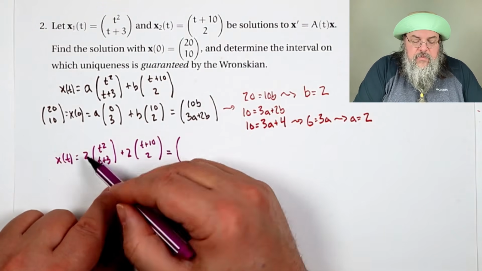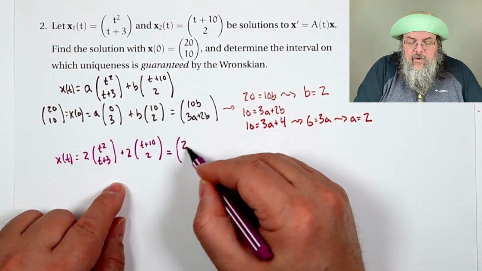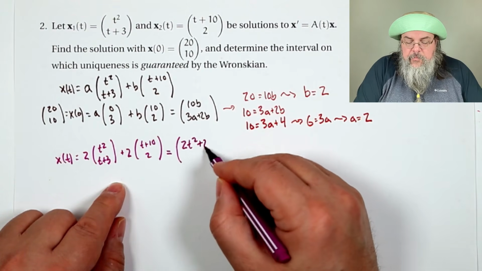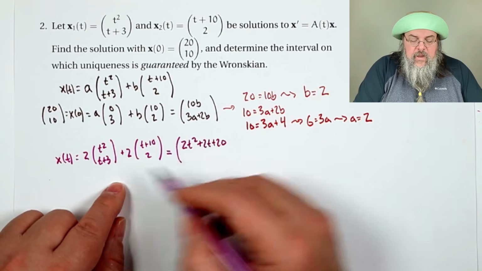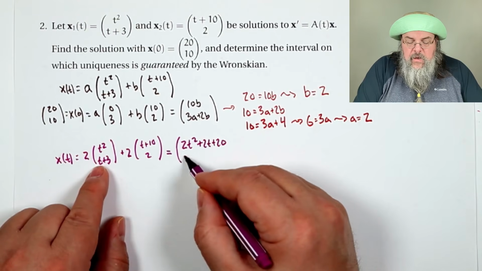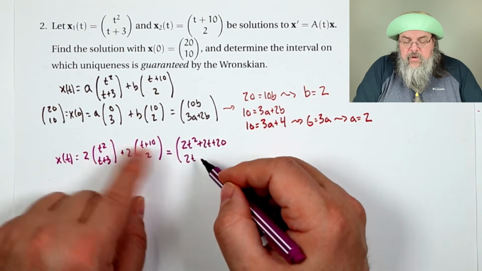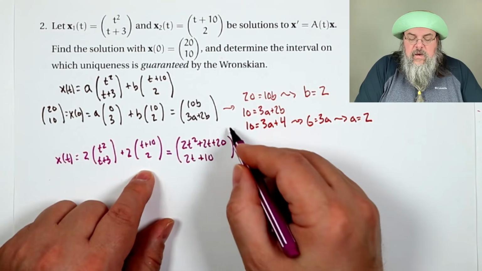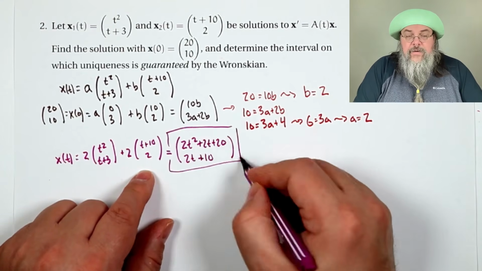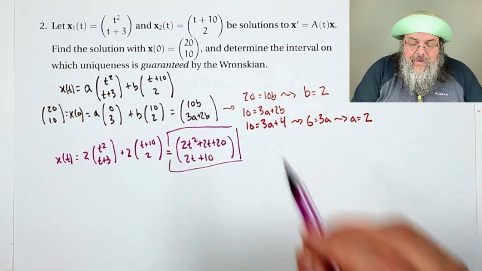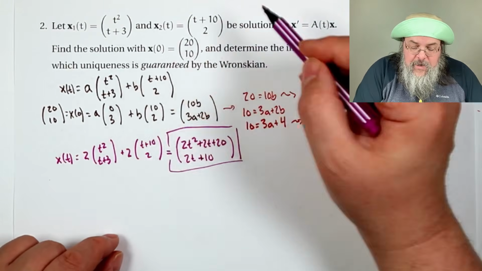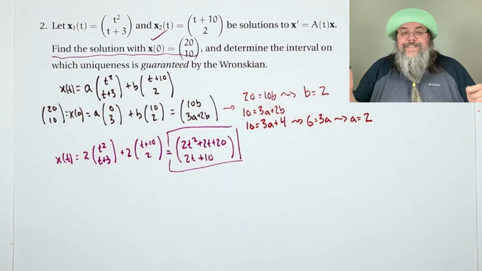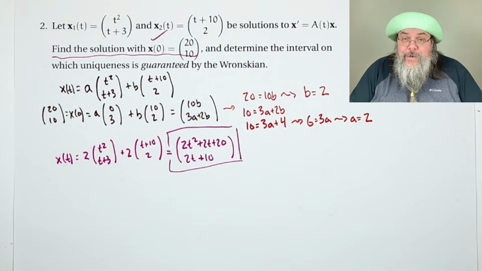And so we have (2t squared plus 2t plus 20, then 2t plus 6 plus 4, which makes plus 10). And there we go. So that is our solution, right? Check. Done. But are we done with the problem?